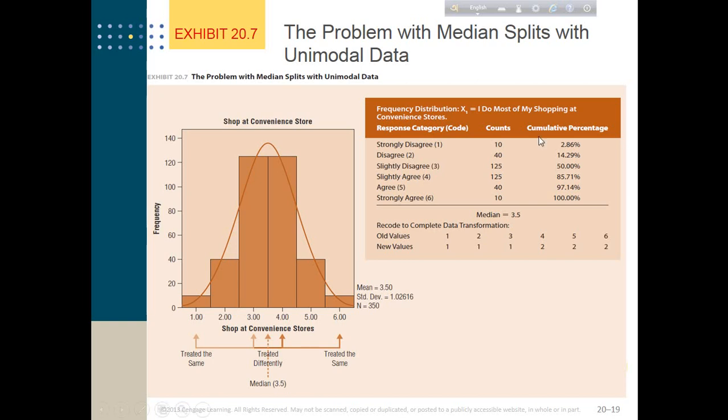So probably it will not be a good idea to divide it at the median and add these three and add these three. Rather, probably we can add strongly disagree and disagree, slightly disagree and slightly agree, and agree and strongly agree. So instead of collapsing it into a 2-point answer, we can collapse it into a 3-point answer.